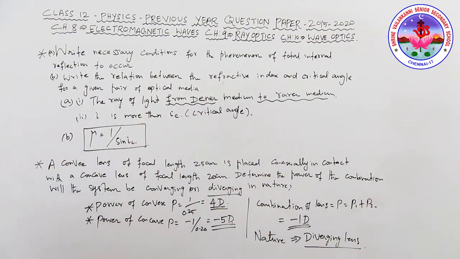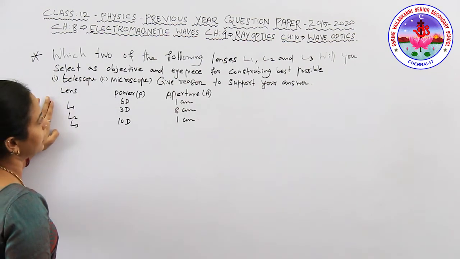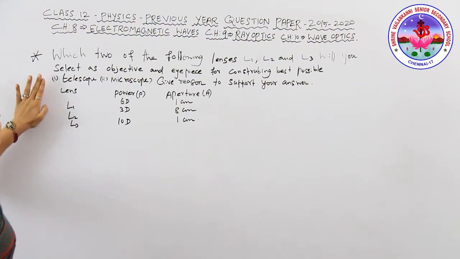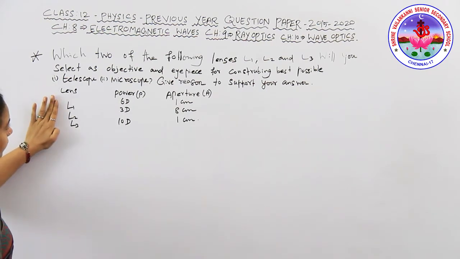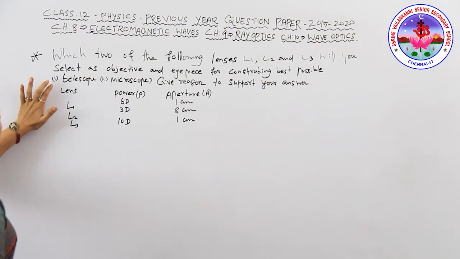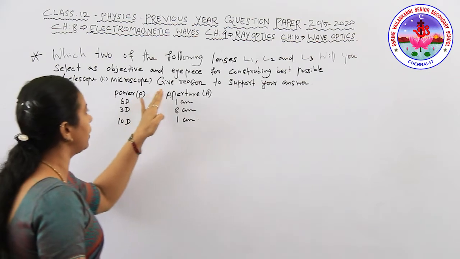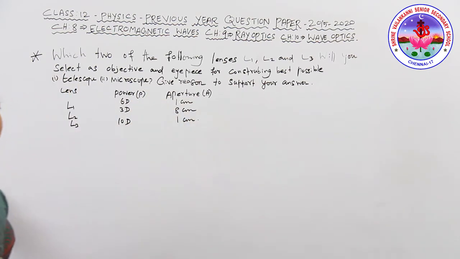Yes, the question is, which two of the following lenses, L1, L2 and L3, will you select as objective and eyepiece for constructing the best possible telescope and microscope? Also, you have to give reason to support your answer.